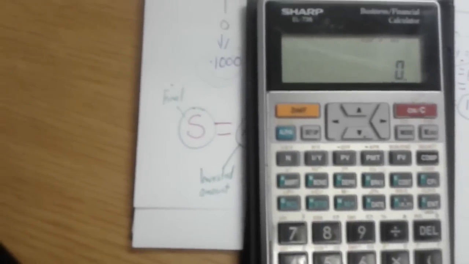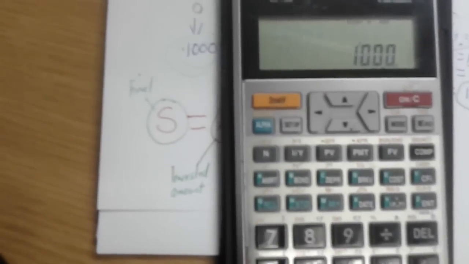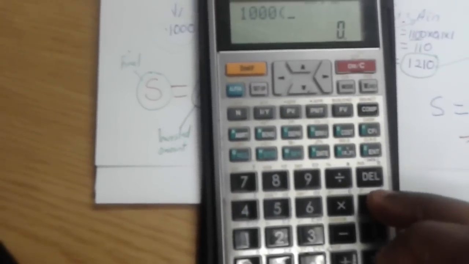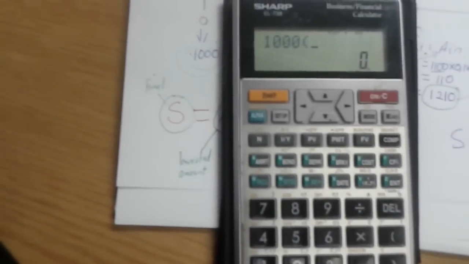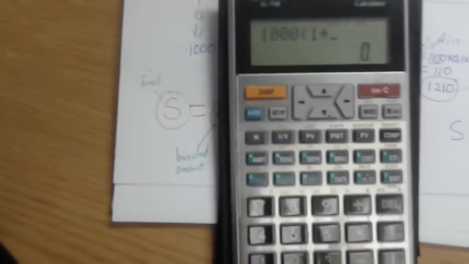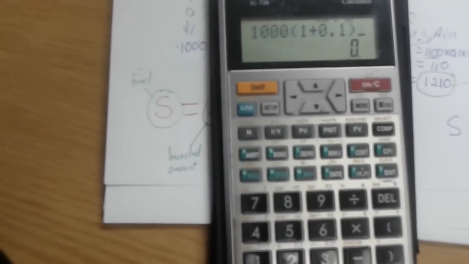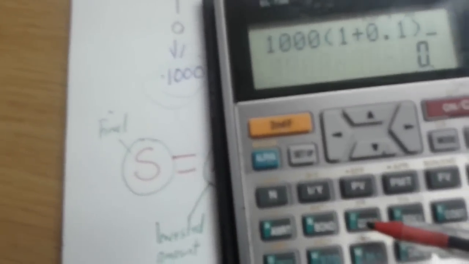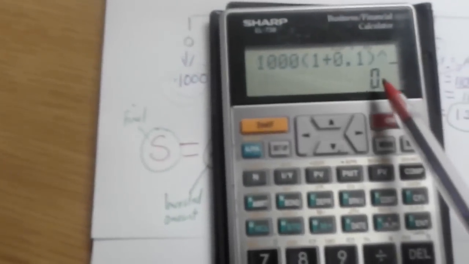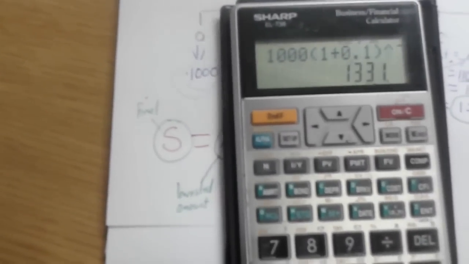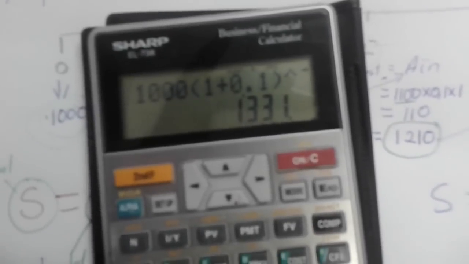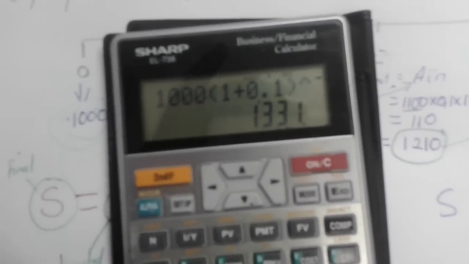So we are going to say 1,000, open bracket, there is the open bracket there, then 1 plus 0.1, close the bracket, there is the close bracket, then to the power of 3. If you see in orange there, there is a y to the power of x. So you press second function, and you see that power there. Then you put your 3, and you get your answer, which is 1,331.